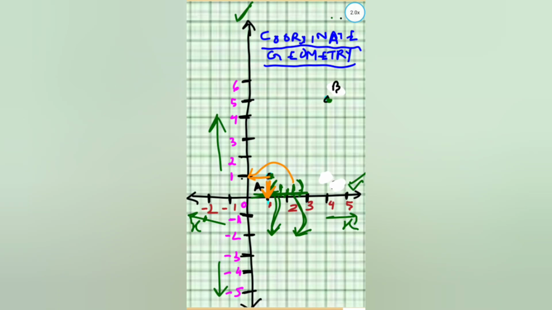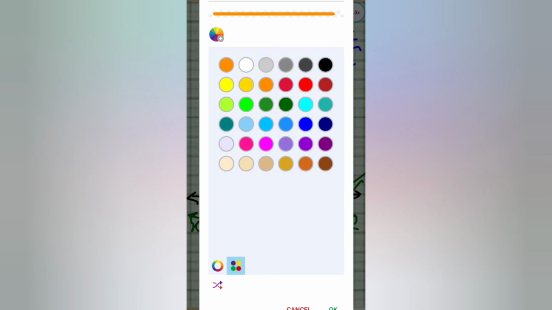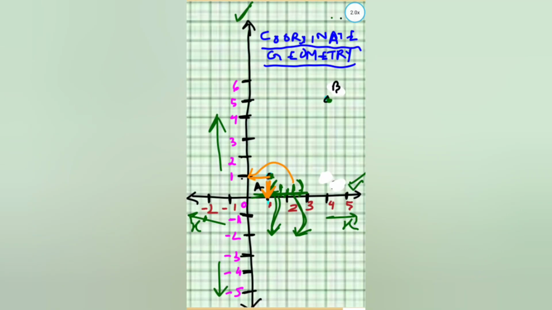So A is 1 comma 1. Similarly, you see B will be how much? B will be 4 comma, if you look at here it is 4, and if you look that side it will give you 5. So 4 comma 5. So x coordinate is 4, y coordinate is 5.